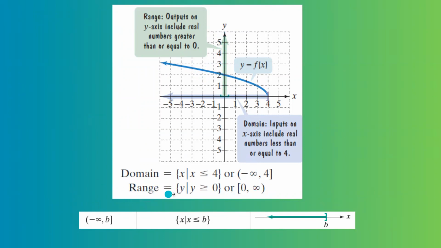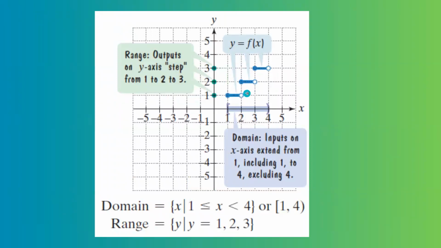We can represent the range as all y values. Remember, y is related to the range. So instead of using x, we use y. Range is the set of all y values with the condition that y is more than or equal to 0, or bracket 0 to positive infinity. From 0 going up to positive infinity.